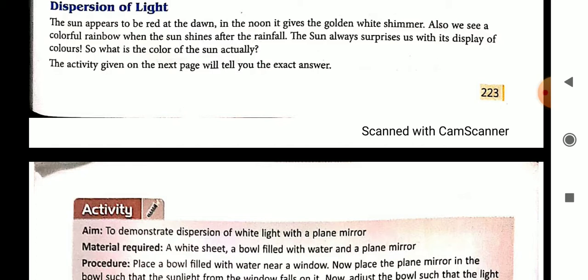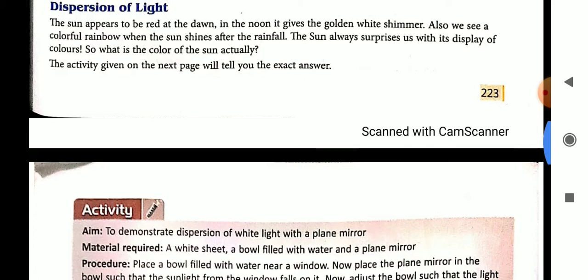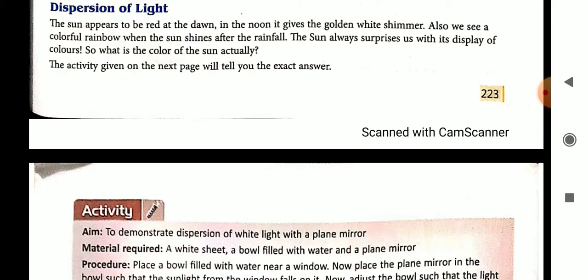The rainbow is an example of dispersion of light. The sun always surprises us with its display of colors. So, what is the color of the sun actually? It is white in color.